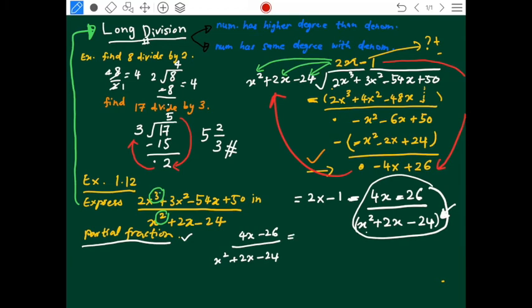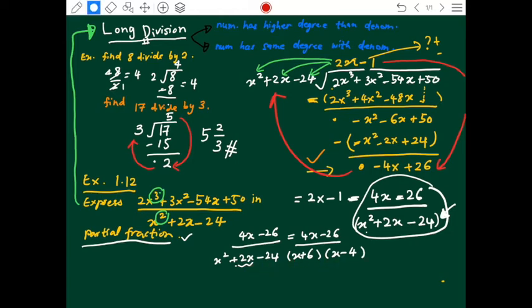You need to factorize this, so it becomes 4x minus 26 over, for the 24 here, you want to get 2x, so 6 times 4. Since the 2x is positive, it is plus 6 and minus 4. Here you need algebra skill in terms of factorization.